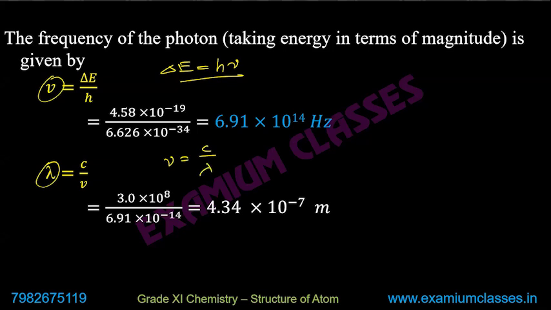Otherwise, you can directly apply the formula 1 by lambda equals wave number nu bar equals 109,677 into 1 by n1 square minus 1 by n2 square. I don't suggest that you use that formula because that will waste your time. Rather, use just this formula.